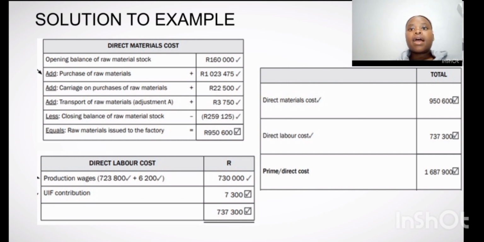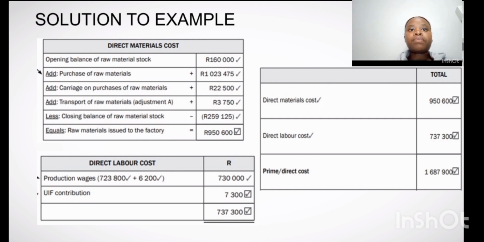Then they gave us an amount of 1,023,475 of purchase of raw material on credit. So we're going to add that, with a plus sign of 1,023,475. Then they also gave us the carriage on purchases of the raw material of 22,500.